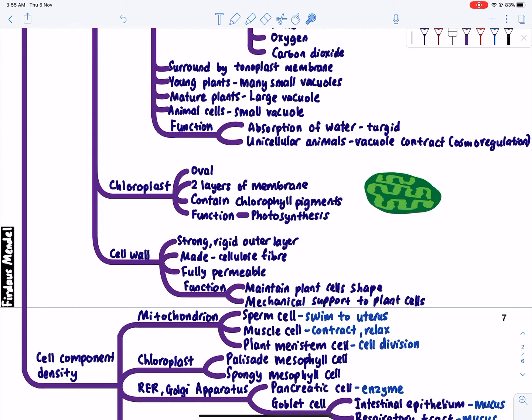That hole or door easily allows movement of substances in and out. They will not restrict any substance moving in or out. Function: maintain plant cell shape and give mechanical support to the plant cell.